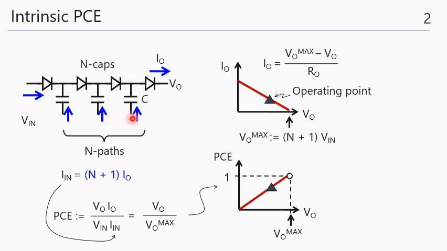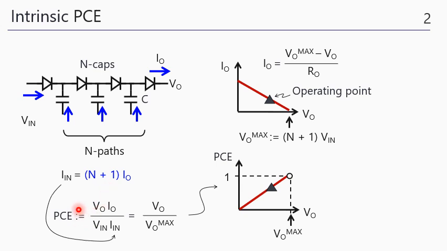In this way, these arrows are equivalent, and therefore average input current is proportional to IO, whose proportional coefficient is N plus 1.